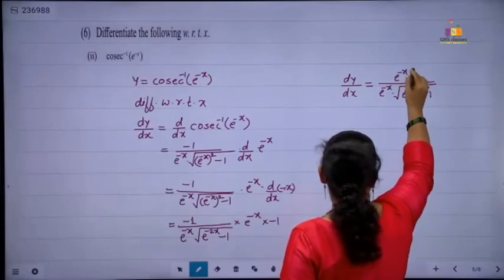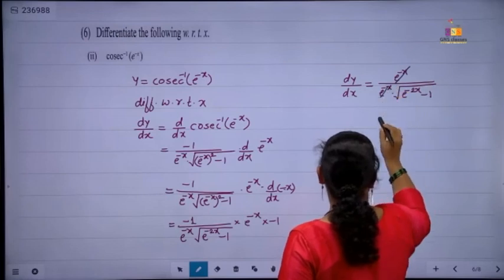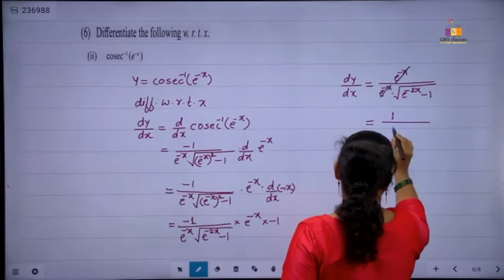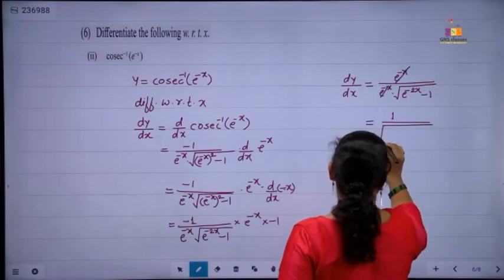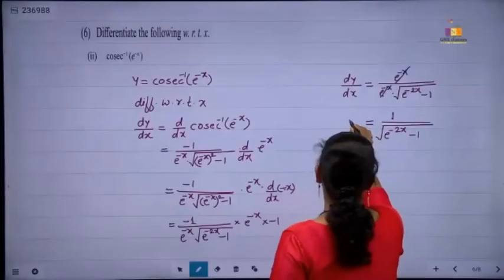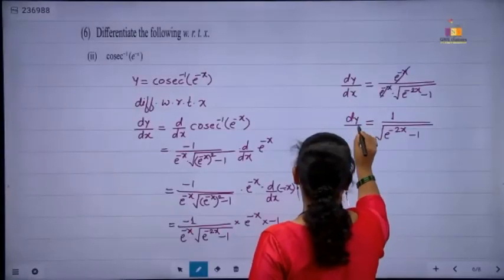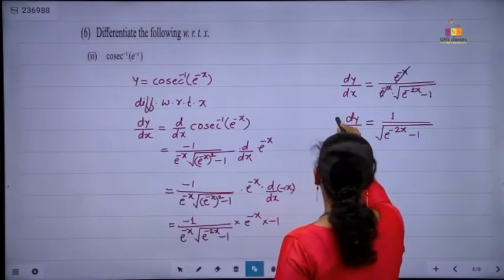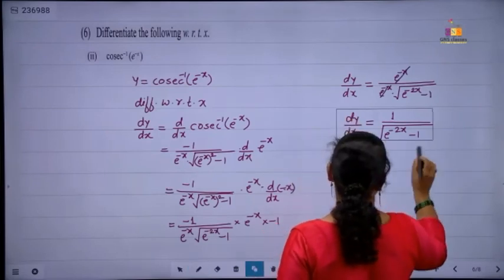This e raised to minus x gets cancelled. So we get answer 1 upon root of e raised to minus 2x minus 1 as dy by dx. This is our final answer. Okay.